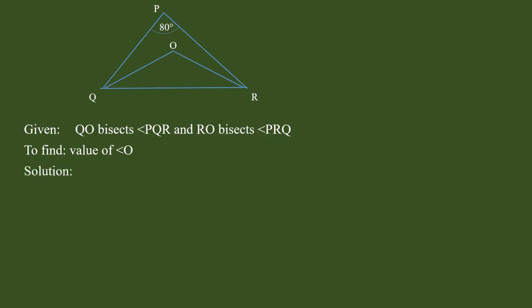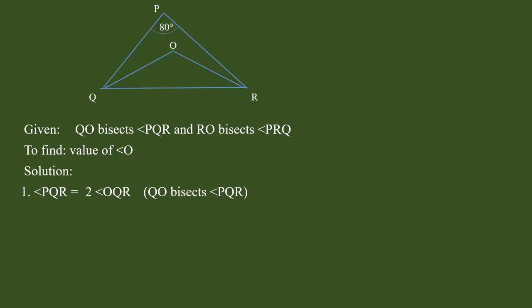Let's find a solution. Number one, since the angle PQR is bisected here, and I already explained the concept of bisecting, can I express PQR as twice its part of the angle? It means, can we express PQR as twice OQR? Obviously, because it is bisected. We can just write the reason: QO bisects angle PQR. Maybe in your mind you must be thinking, why am I taking twice OQR?